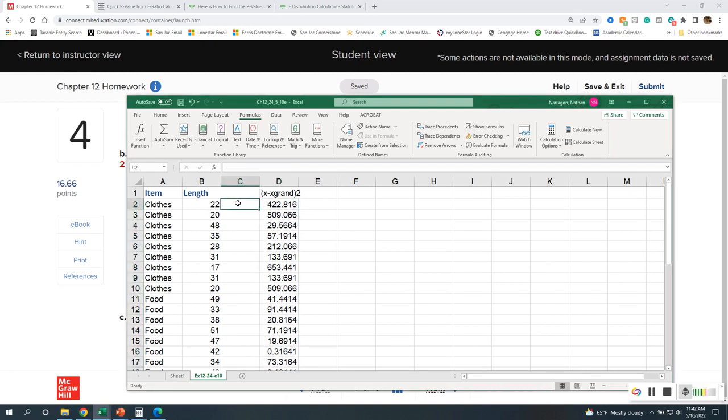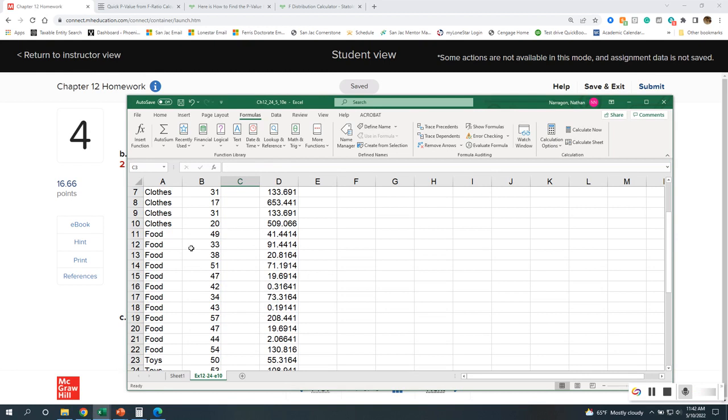So let's find the individual means real quick. So that divided by 1, 2, 3, 4, 5, 6, 7, 8, 9. There we go.